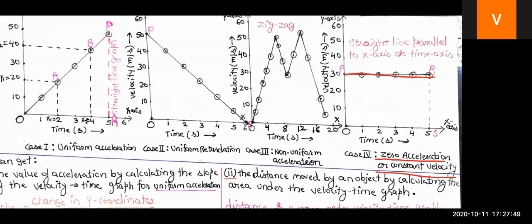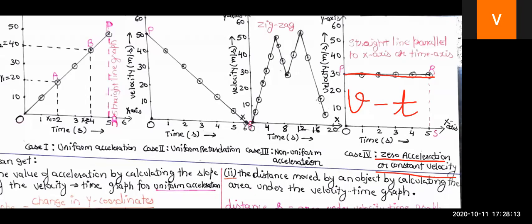That is, it is a straight line parallel to the time axis. Right, children? This is your velocity time graph. In the distance time graph also we had such a graph, na? But that was for an object at rest. So be very careful. When it is a distance time graph and you are getting such a line parallel to the x-axis, the object is at rest, because distance is not changing.